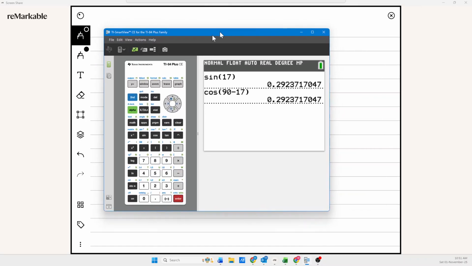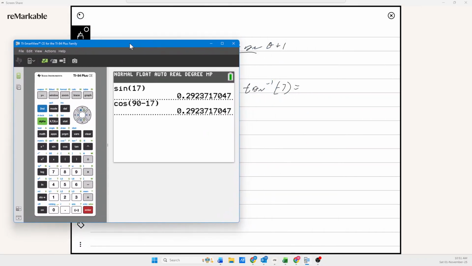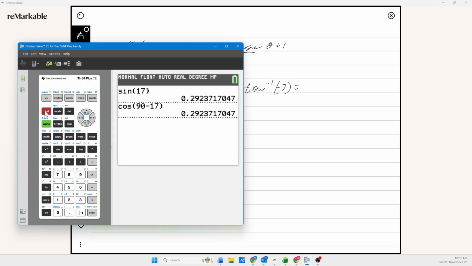So I'm going to bring up my calculator. I want the inverse tangent of -7, and I hit enter, and I get -81 point, let's just round it to 2 decimal places, 87.